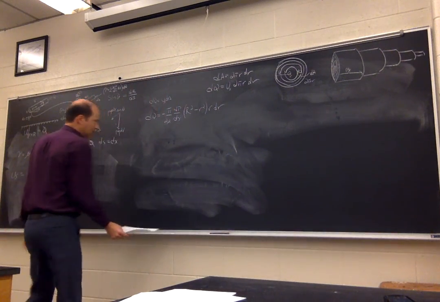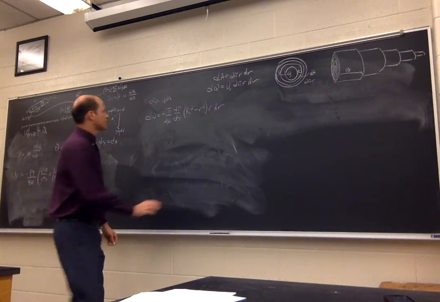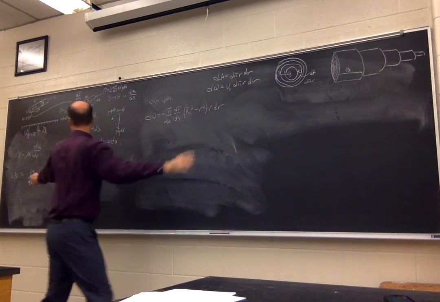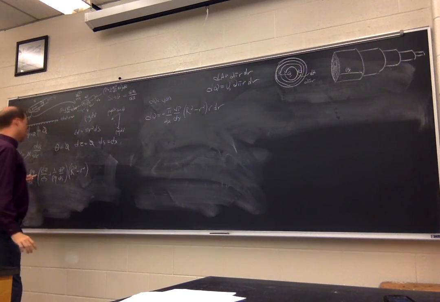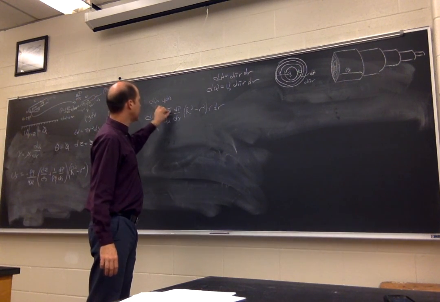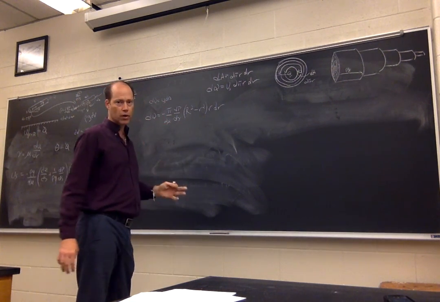How did I get to there? Well, number one, I was able to say 2 pi r here, and 2 pi r cancels that down and leaves pi over 2 mu as the result.